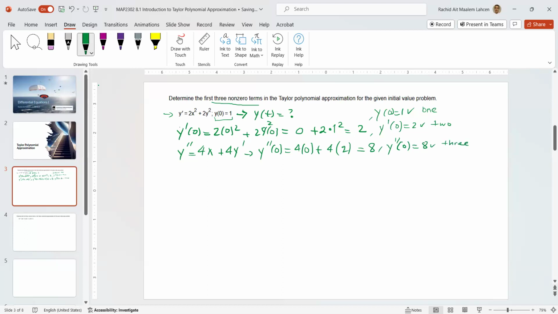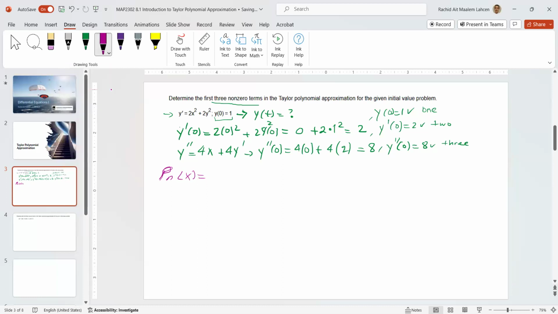So if you haven't looked, what is the general construct to these solutions using the Taylor polynomial? It is this polynomial. Here the independent variable is x.